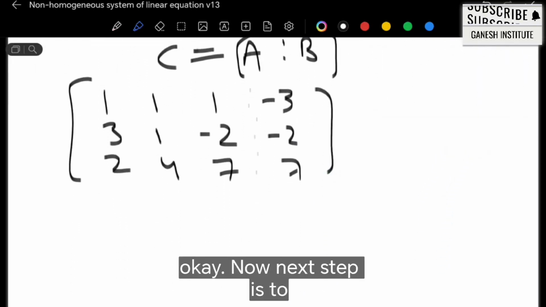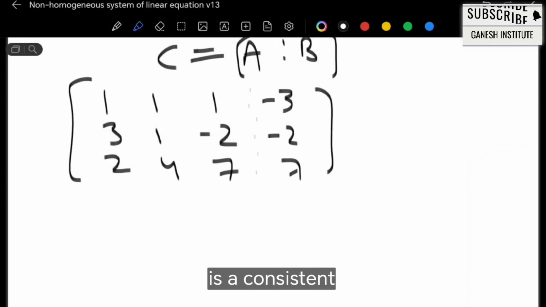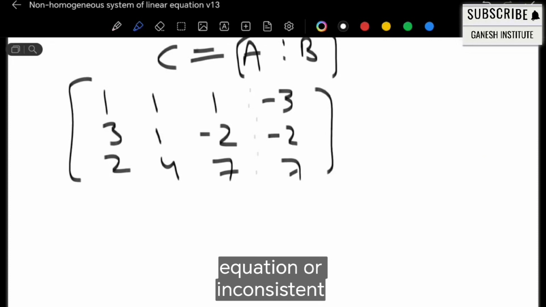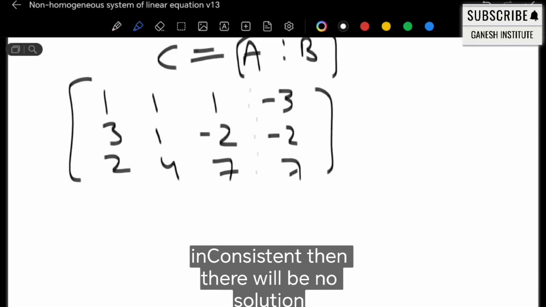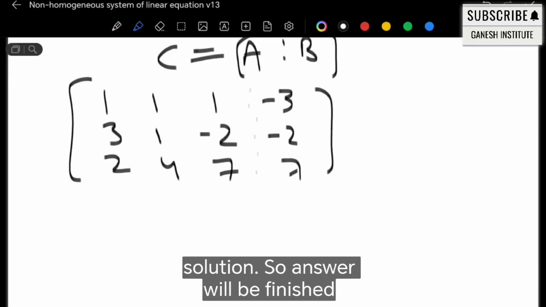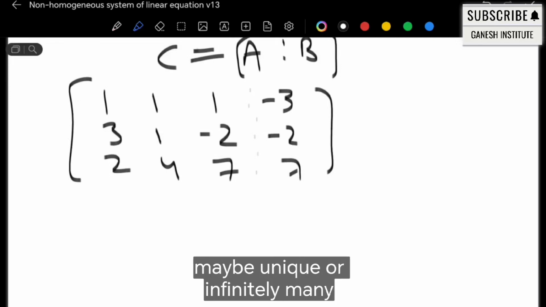Now the next step is to see whether this is a consistent or inconsistent system. If it is inconsistent, then there will be no solution and the answer will finish there. If it is consistent, then it may have a unique or infinitely many solutions.